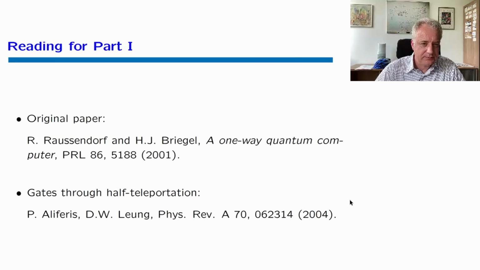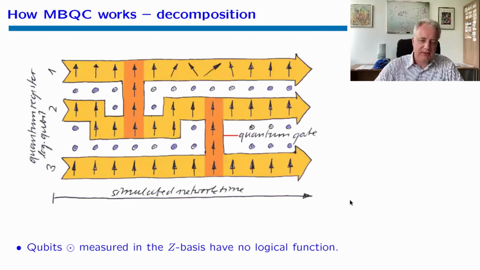Good. So now we need to think about how to organize the universality proof. So we will decompose the picture that you see here. The first step in that regard is to analyze what the Z measurements do here. Every dot that you see here represents a cluster qubit measured in the eigenbasis of Z, and we want to figure out what that does.